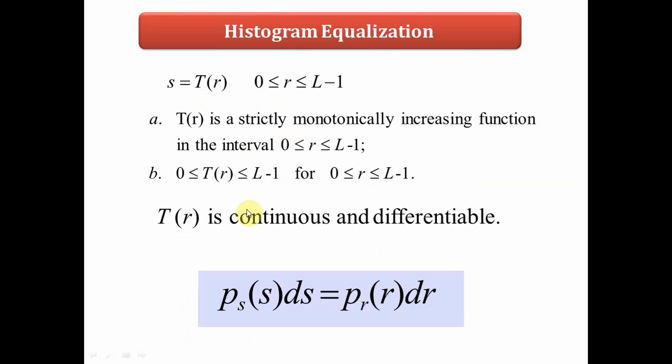Same thing has been written. Now if your transformation R is continuous and differentiable, what will it be? If it is continuous, we need to consider the probability density function (PDF) and cumulative distribution function.